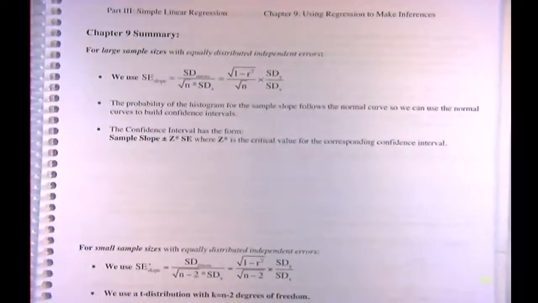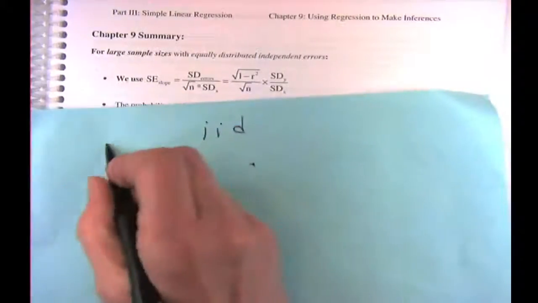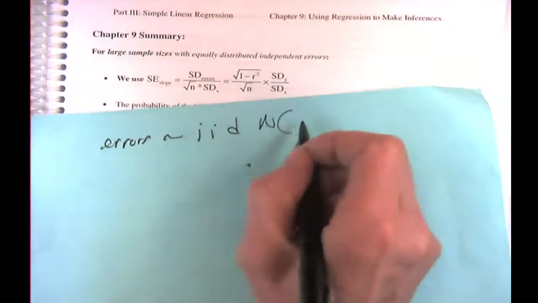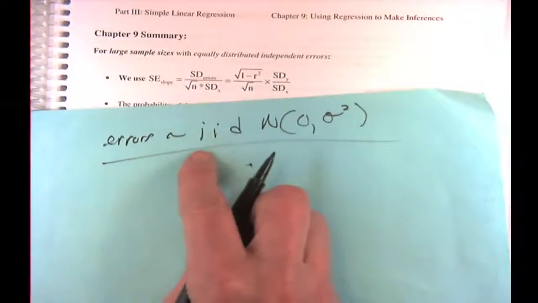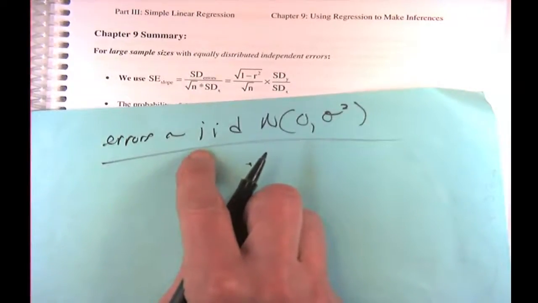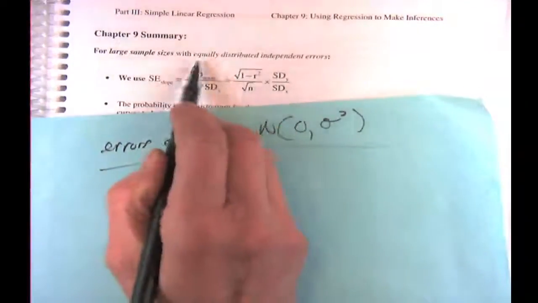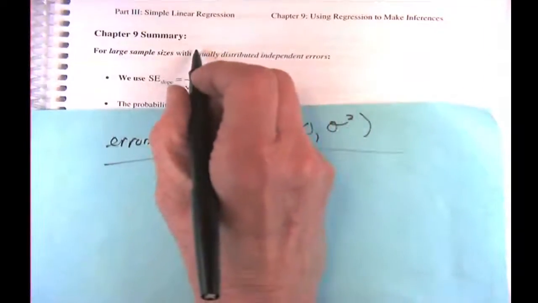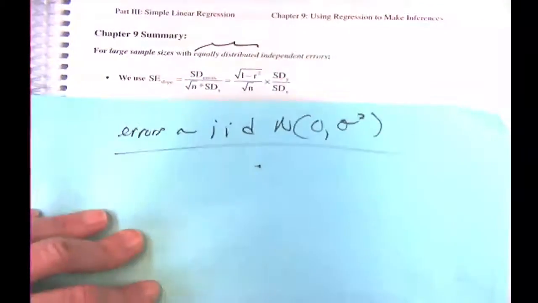Often you're going to see everywhere this term, IID, your errors distributed as IID normal, 0, sigma squared. This just says that they're independent, assumption number 2, and they're identically distributed, or equally distributed. That's our assumption number 3.